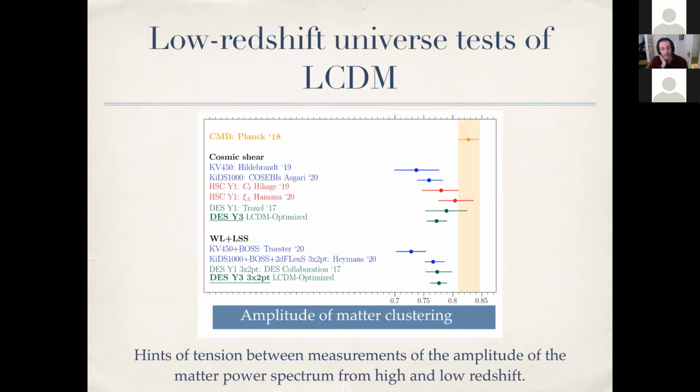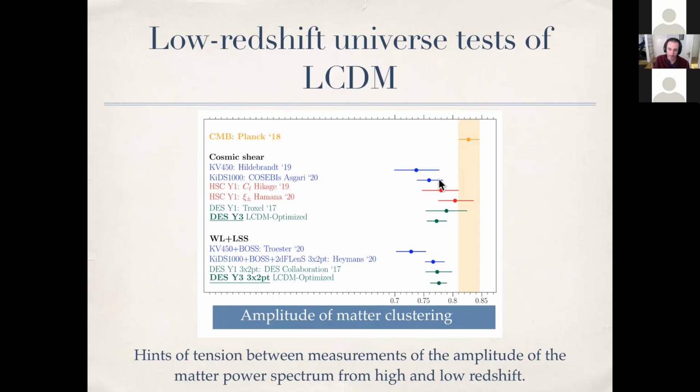But we can zoom in, and if we summarize the information in that previous plot, these measurements of the matter power spectrum, into just the amplitude, the amplitude of those points in that previous slide, we start to see some discrepancies popping up. In particular, measurements of this amplitude of the matter power spectrum coming from the cosmic microwave background are shown here in yellow.